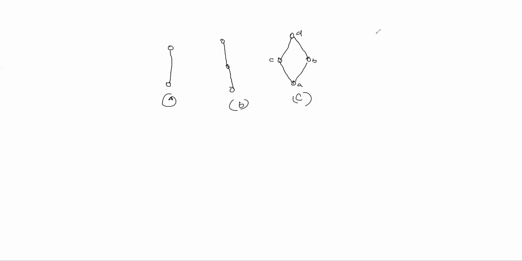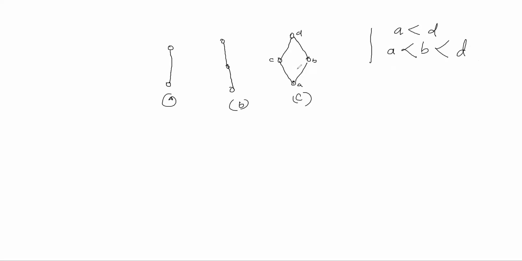Now from here you can say that the element A is related to the element D, because there comes an element B in between such that A is covered by B, and B is covered by D. So this means you can say that A and D are related.